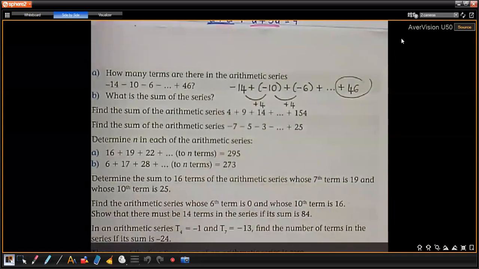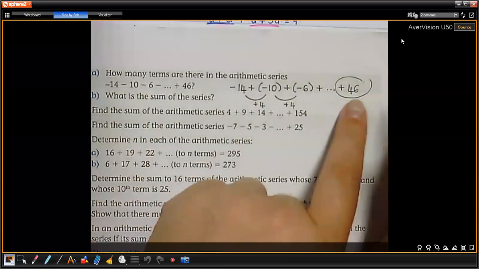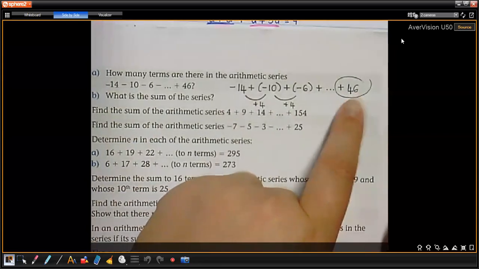Now I'm going to ask you a question. If a number pattern or series has 10 terms, which term is the last term? Term 10. Let me ask that question again. If a number pattern has 10 terms, which term is the last term? Term 10, right? So what you're going to do here, you're going to make this 46.